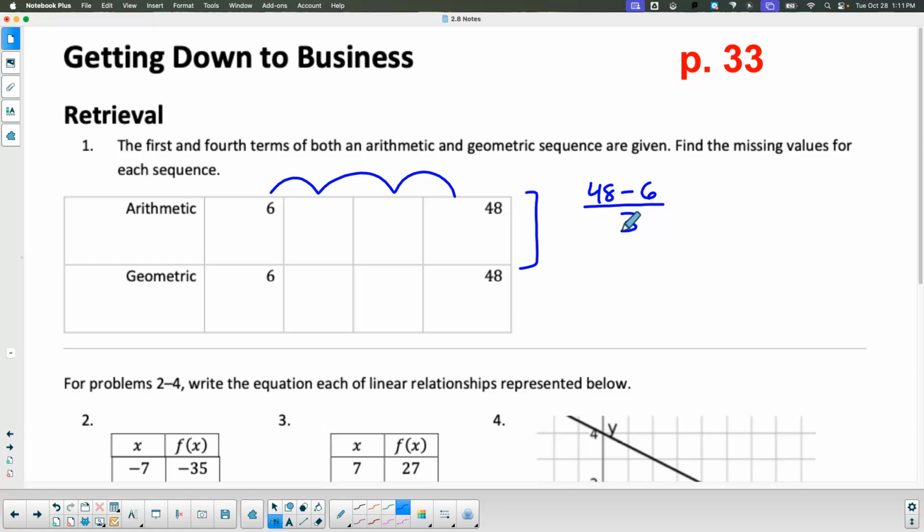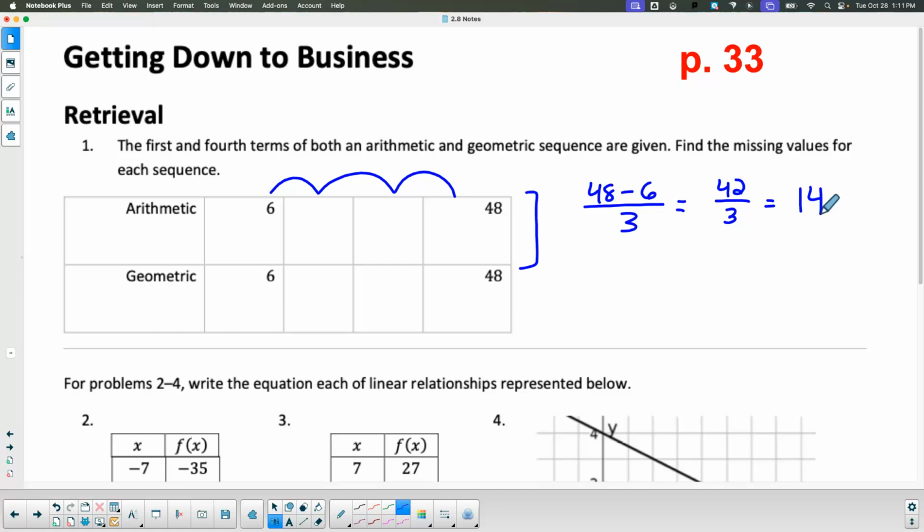So for an arithmetic, we take the last term, we subtract off the first term, and then we divide it by the number of jumps. In this case, we had 3 jumps. So 48 minus 6 is 42. 42 divided by 3 is 14.